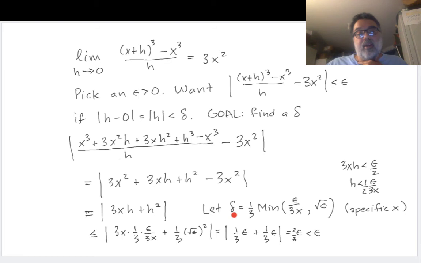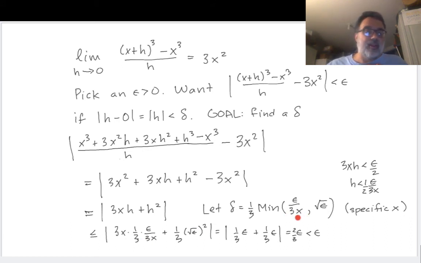So we said delta is less than this, and h is less than delta. That means this expression is less than what we get if we plug in this, because delta is guaranteed to be less than this. If the square root of epsilon is smaller, then it would be smaller than this.